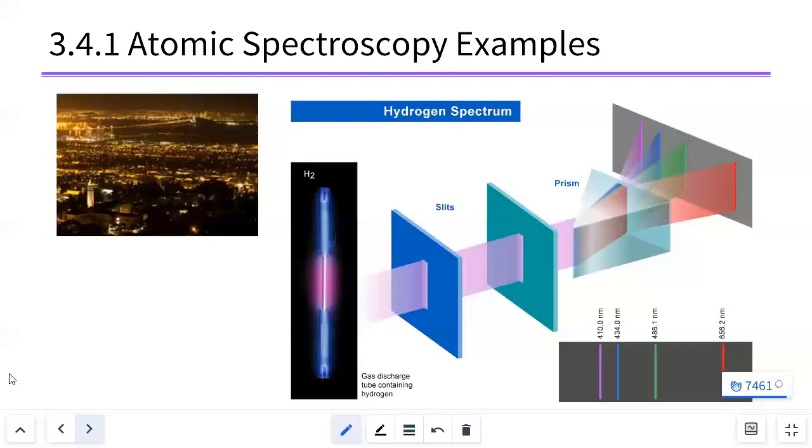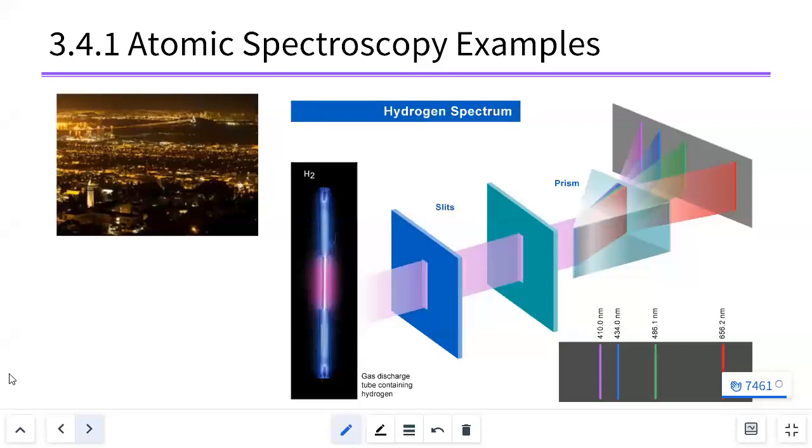Well, the result of that experiment is not a continuous band of light. The result of that experiment instead is these. They're called emission spectra. And these emission spectra are very unique because each element has its own unique emission spectrum, almost like a fingerprint that helps to tell us what that thing is.